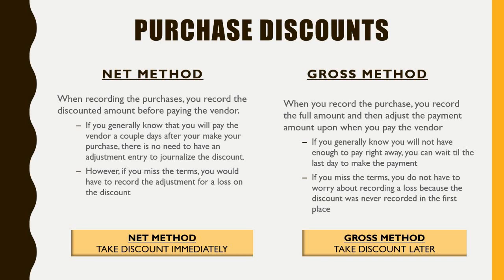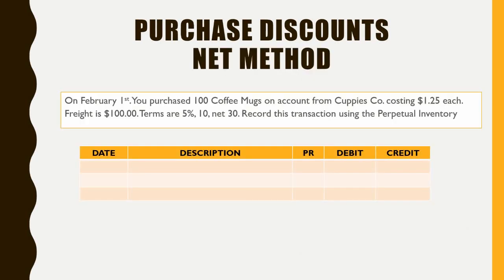So in this case, net method, we understand, right? Just like a paycheck, where you take the discount out already and you record it at the discounted price. While with gross, you wait till you pay it, and then if you pay within the terms, you record the second one as redeeming the discount. Okay? So let's take a look at net method first.